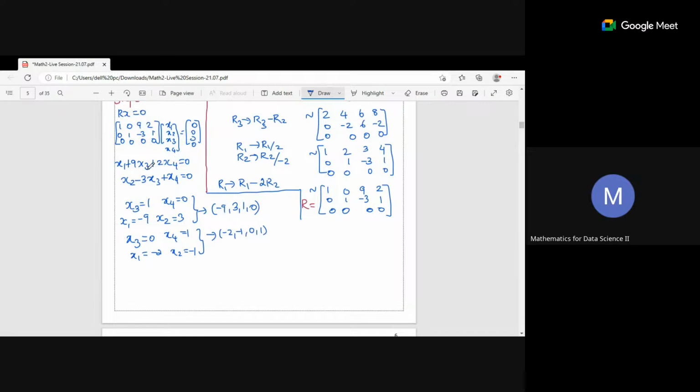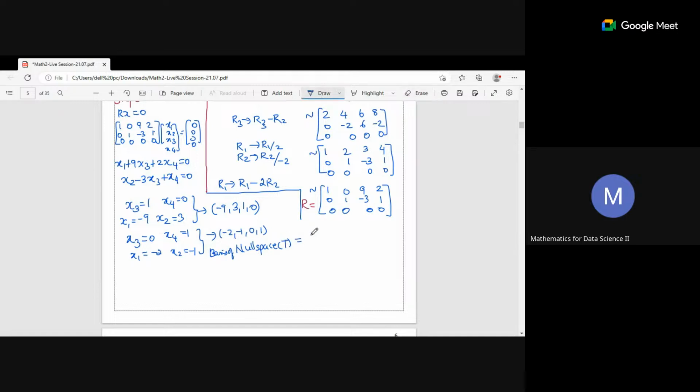Okay. So you know that there are two elements in the null space because here you have two independent variables x3 and x4, right? So what is the basis of the null space of A, or T, either way you can write?